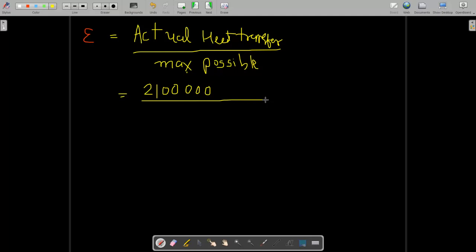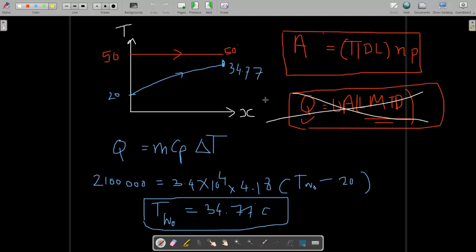And what is the maximum possible heat transfer? Look here in the T-X diagram. Initially water is 20 degrees Celsius and steam is 50, so there is a maximum temperature difference of 30 degrees. The mass flow rate of water is given, and Cp is given.